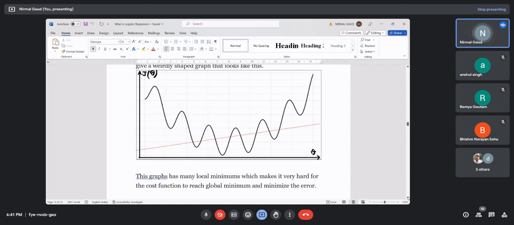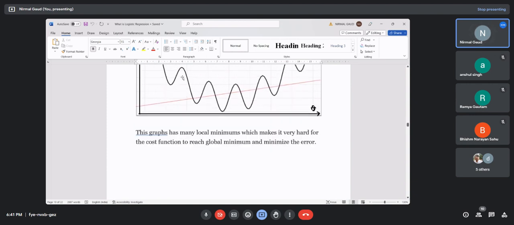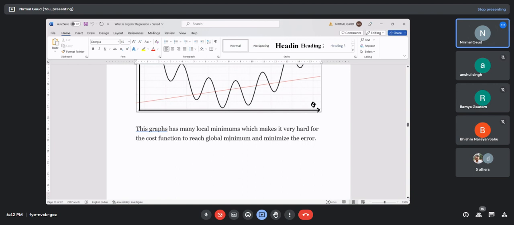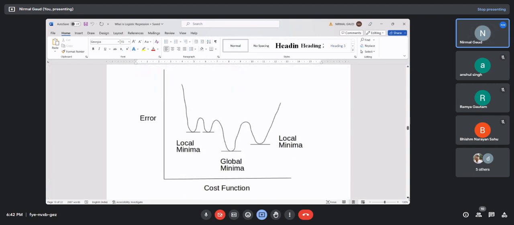That will be the place where my error will be less. That's my goal. The graph we saw in the last lecture has many local minima, which makes it very hard for the cost function to reach the global minimum and minimize the error. That's why we are not using the cost function as we do for linear regression.